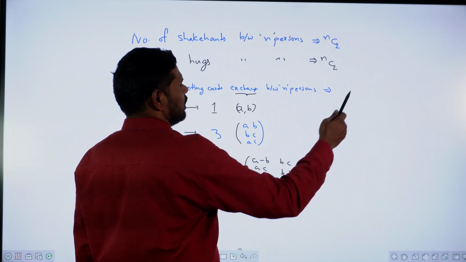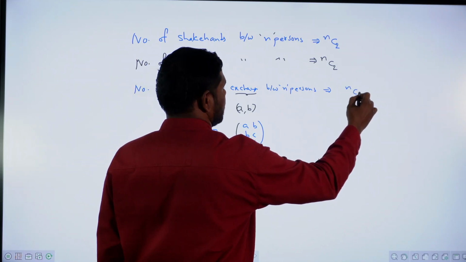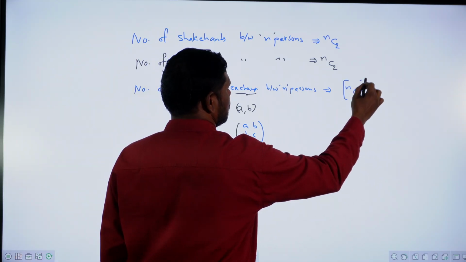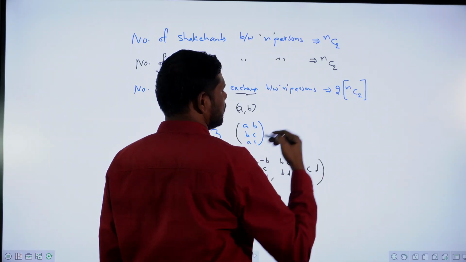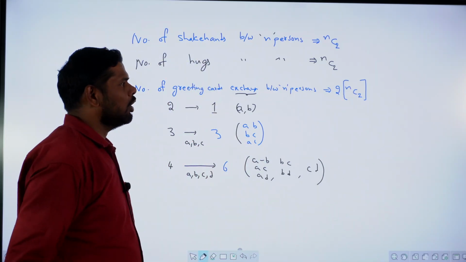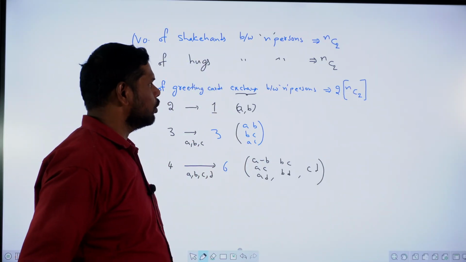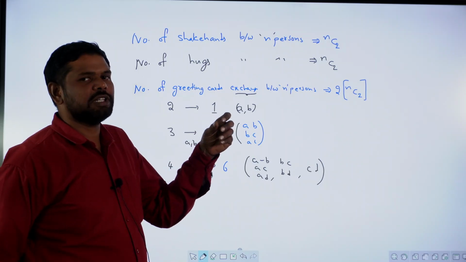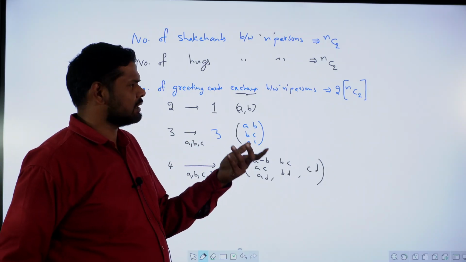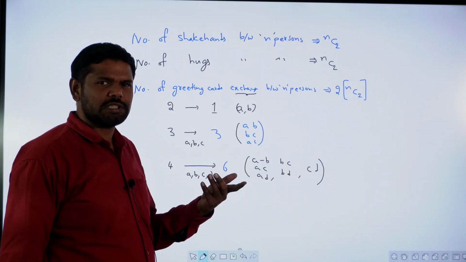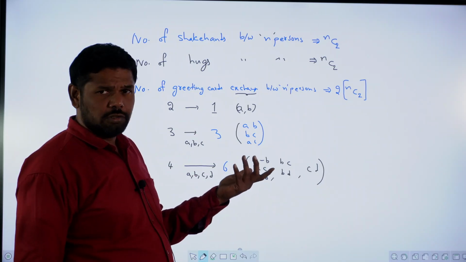So here, between every two persons there is an exchange, with repetition from this side to that side. That's why 2 times nC2 greeting cards are exchanged between the persons, either on Christmas Day or a New Year event.